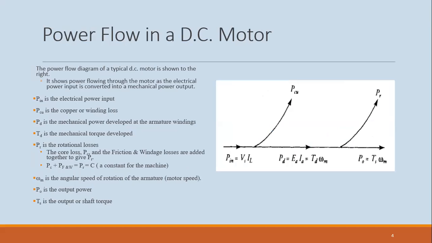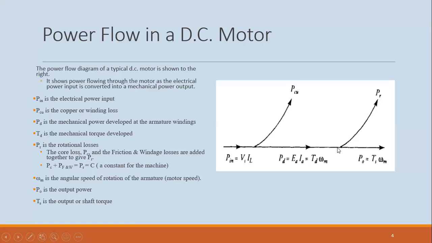All right, so now this is the power flow diagram of the DC motor. So input now is electrical. You have your losses in the winding, the copper losses. So electrical power is going to be converted to mechanical. So you have a mechanical power developed here.